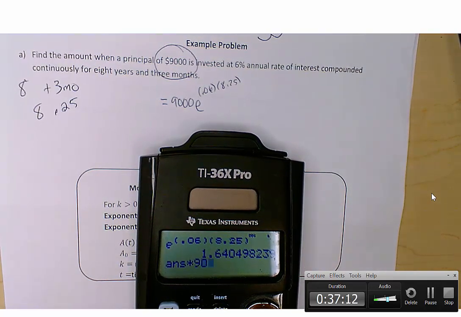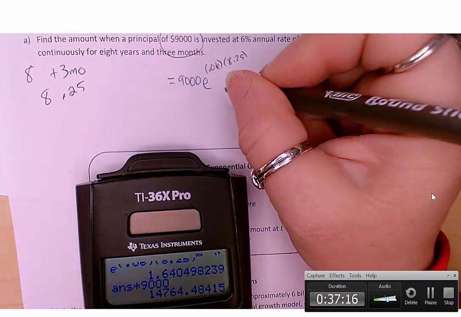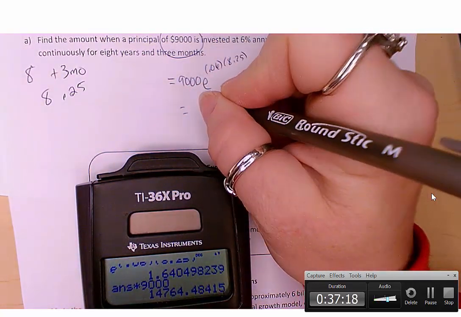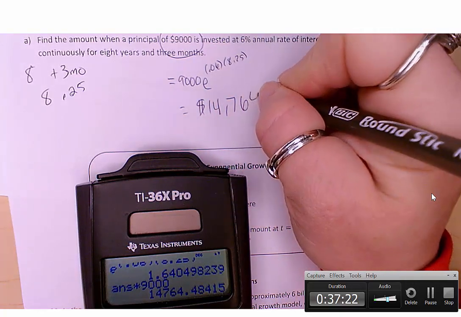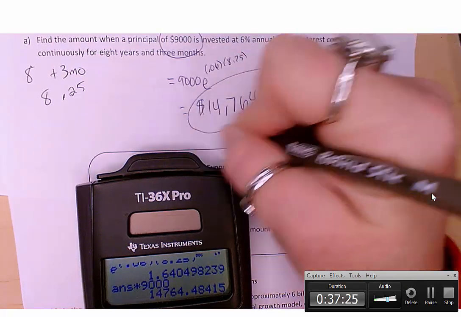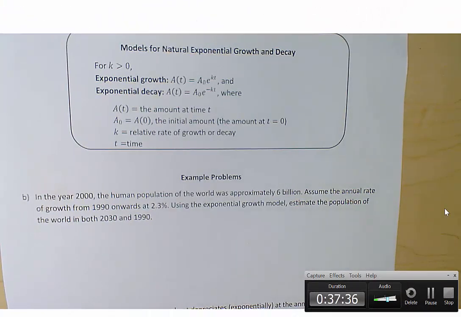And then if we multiply that times the principal, which is the 9,000, we are looking at $14,764.48.